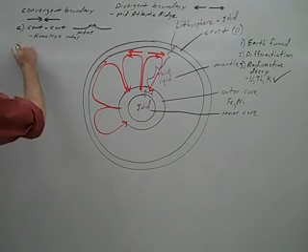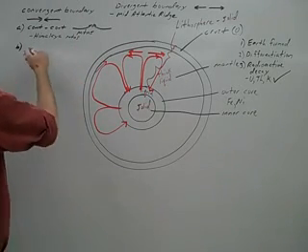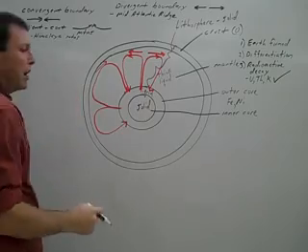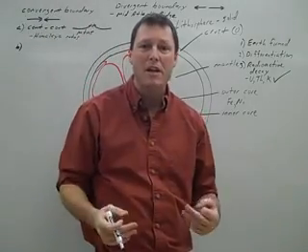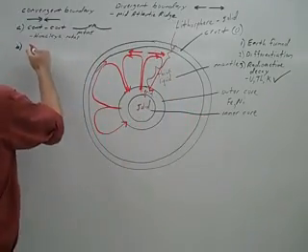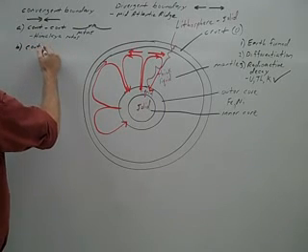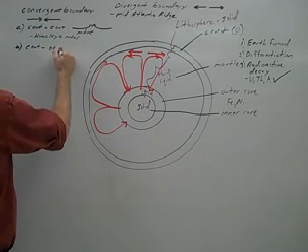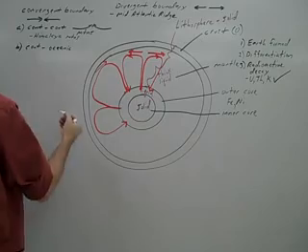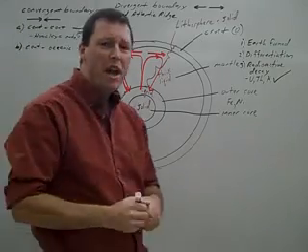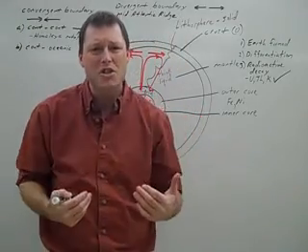Now, another example of a convergent boundary is between an oceanic tectonic plate and a continental plate. So I'll put continental plate and an oceanic plate. Now, the oceanic plate is going to be denser. Think about that.